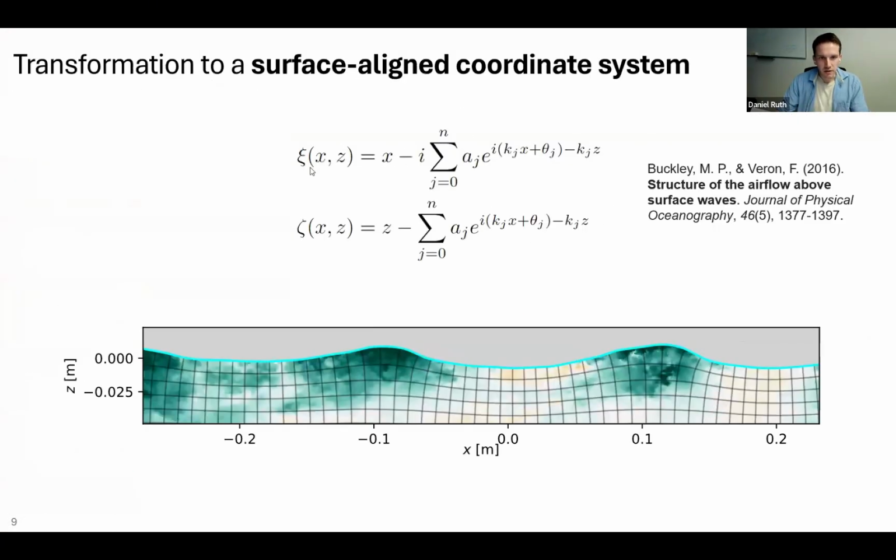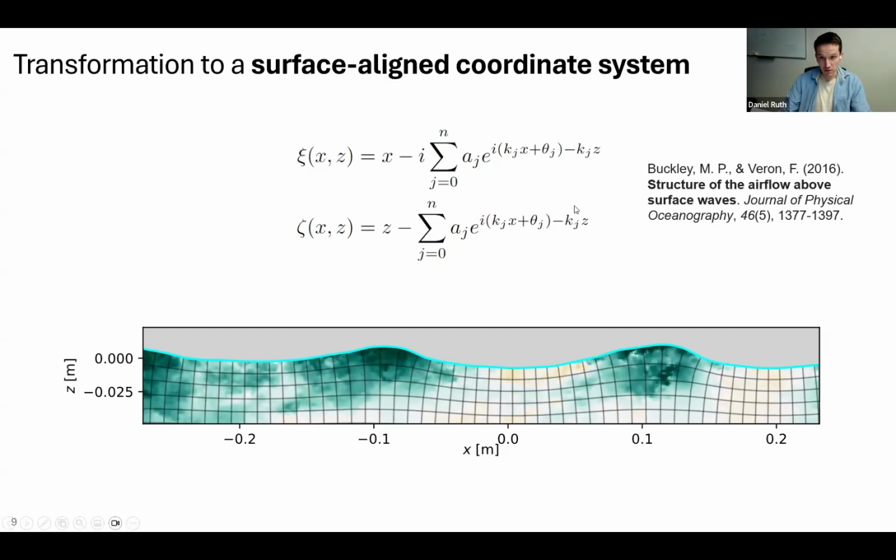We're starting with data defined in this laboratory rectangular XC coordinate system. Then based on a Fourier transform that we do with each individual snapshot of the surface elevation, we get these Fourier coefficients, and each causes the transformed system to be slightly displaced from the original one, in such a way that at the surface, this psi direction is parallel to the surface and zeta is normal to the surface.